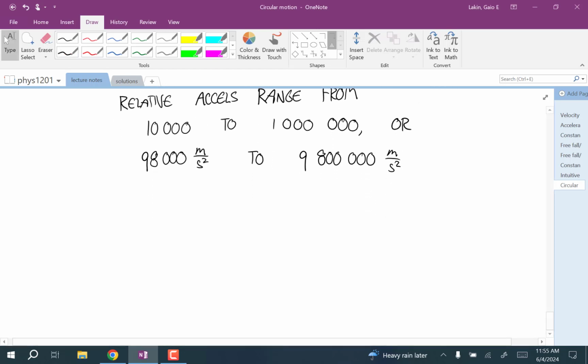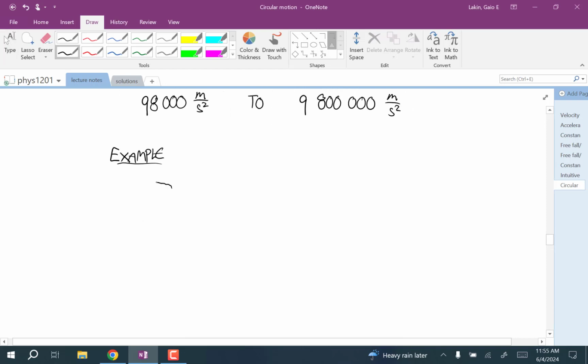Okay, so as far as calculations go, let's say we have a centrifuge. I'll use the drawing that I just used above. So let's say you have this centrifuge, and the radius of the centrifuge is 10 centimeters.